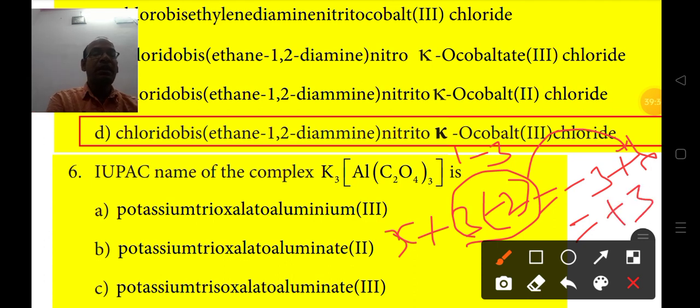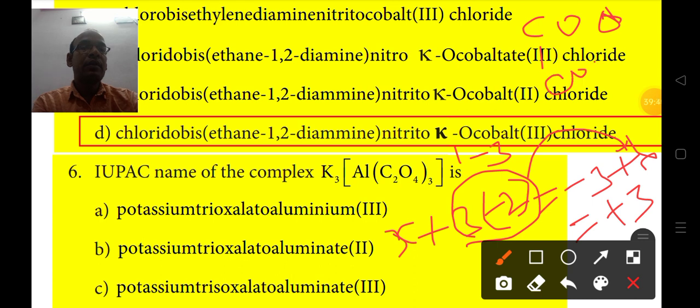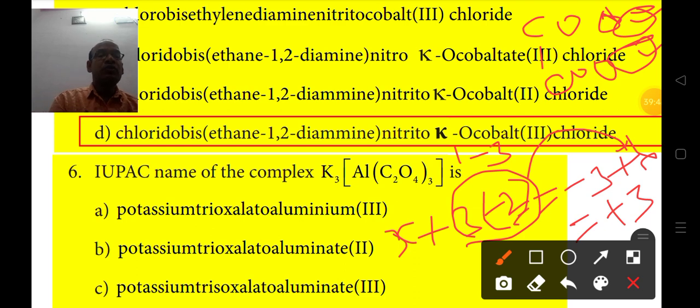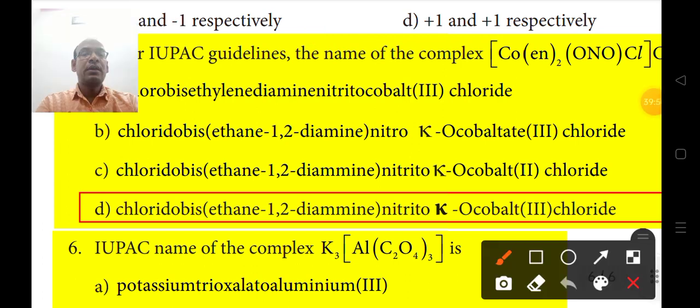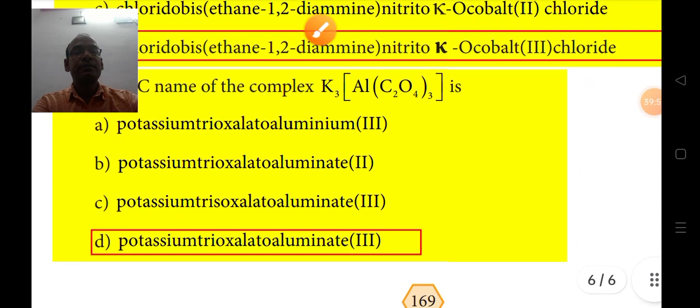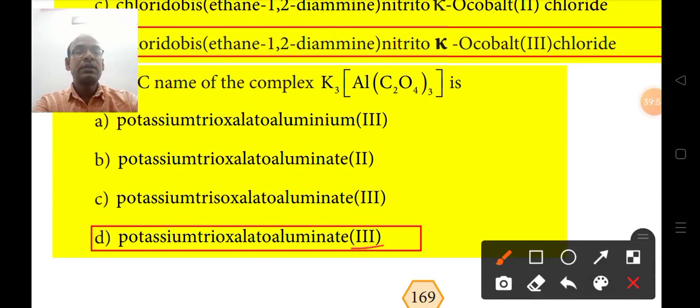One important point: the oxalate formula carries minus 2, therefore we put 2 minus. Therefore the correct option is D. Once again we repeat.